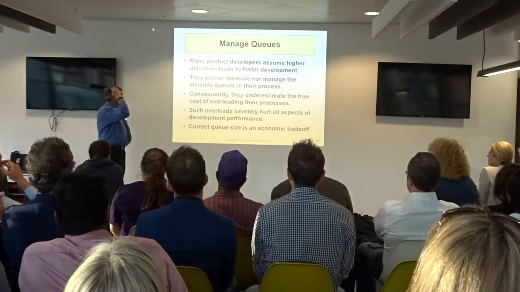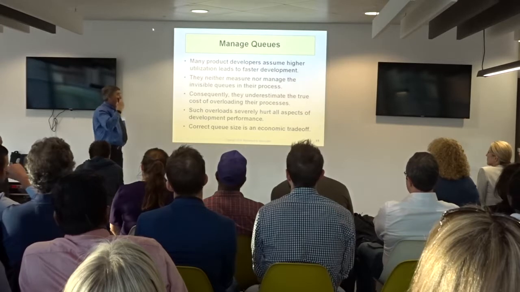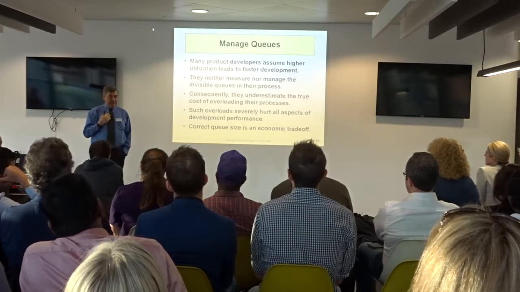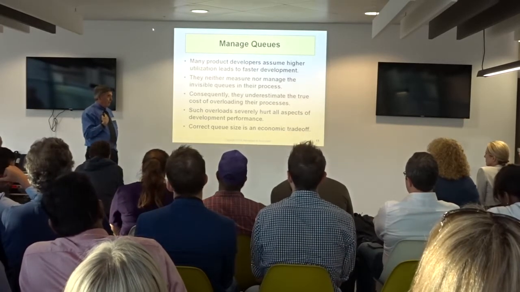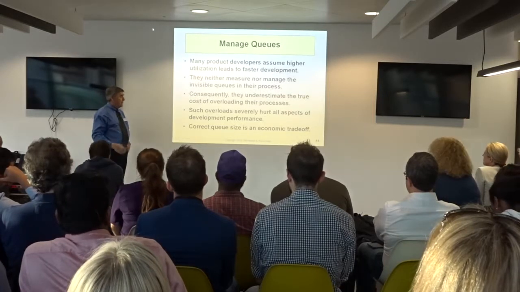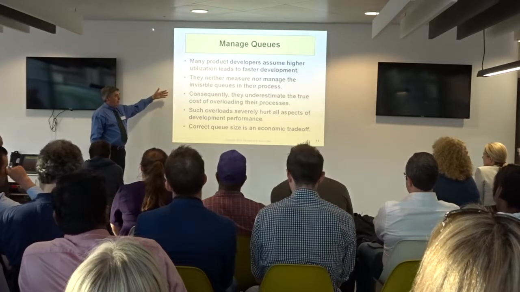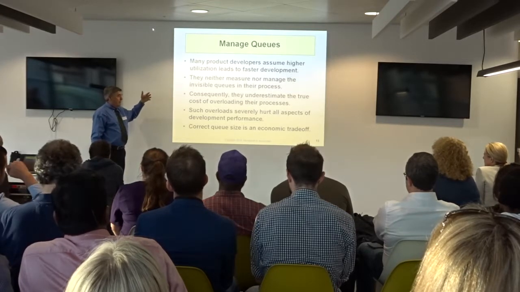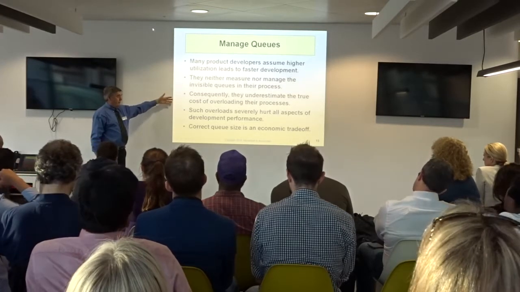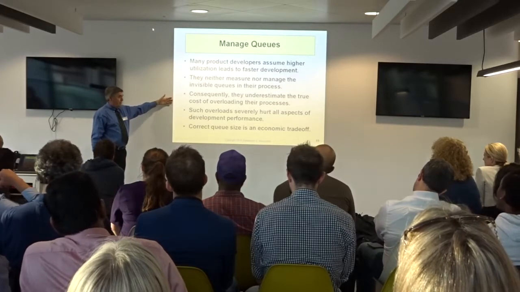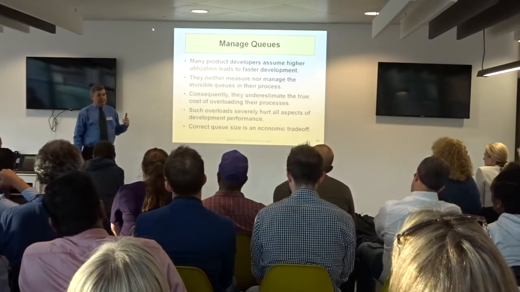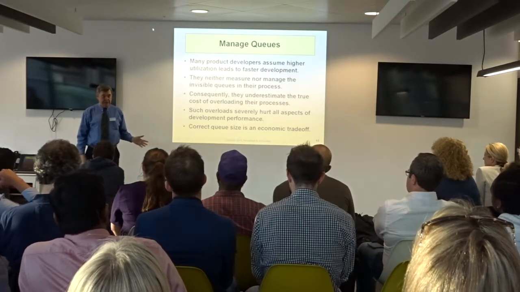So what do we think about managing queues? Most organizations think that high utilization is good in a product development process. It's completely the opposite. They don't measure their queues and often don't even believe they have queues because they're invisible. That causes them to underestimate the true cost of overloading their processes. The overloads hurt all dimensions of product development.